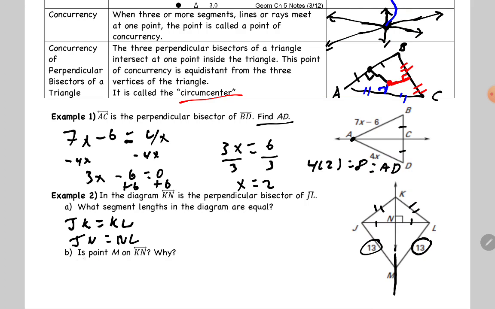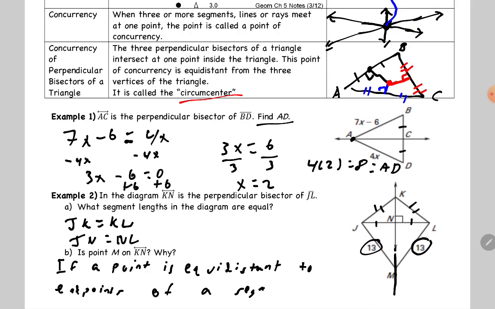Because if a point is equidistant to endpoints of a segment, then that point is on the perpendicular bisector.